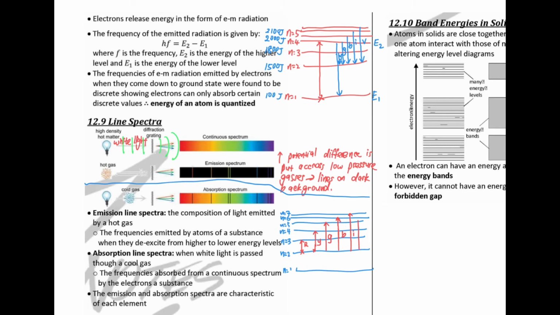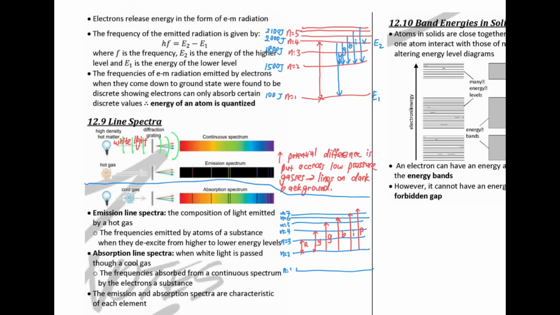And then one more level, purple. Something like that. They have to absorb energy, and because of that, the continuous spectrum has certain lines which are not there. So it's absorption. This one is the absorption concept.